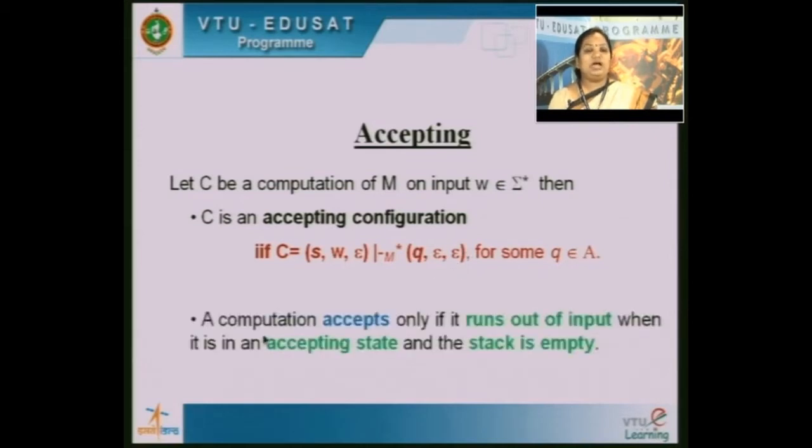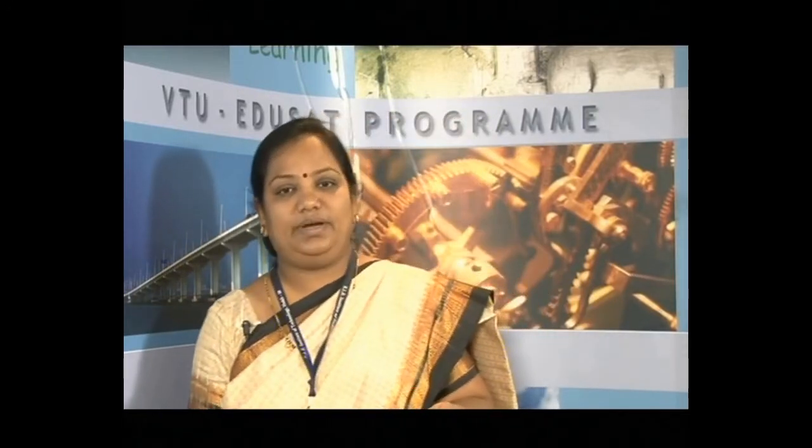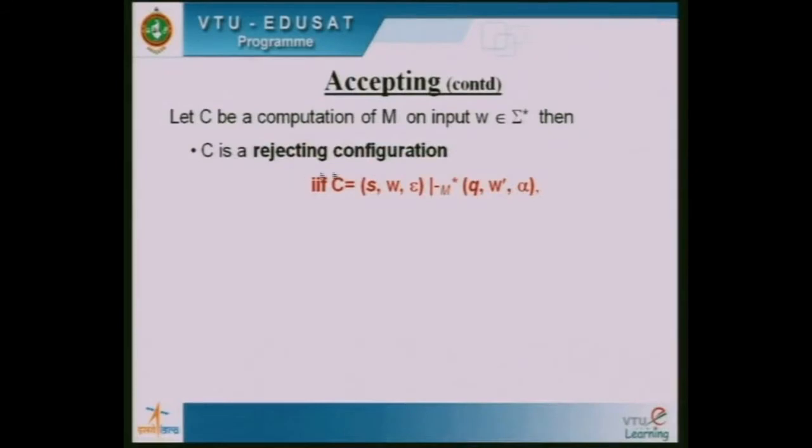It means a computation accepts only if it runs out of the input when it is in an accepting state and the stack is empty. Input is consumed, stack is empty, and it is in the final state, then the string is accepted. Then, when is it rejected?